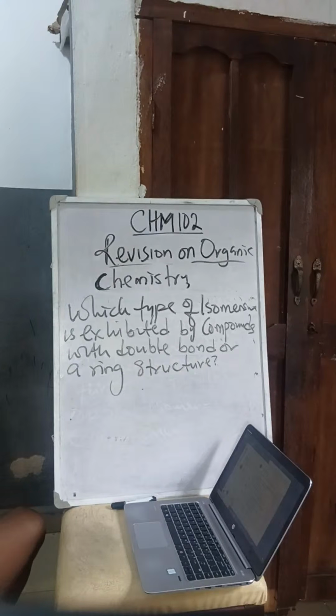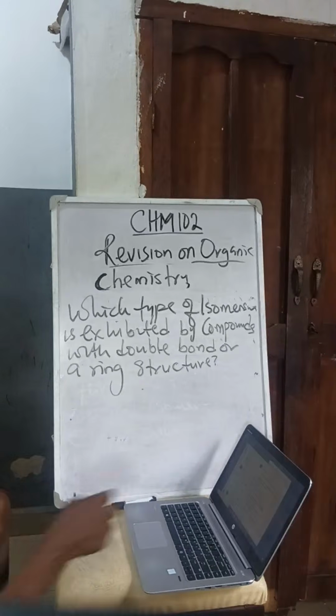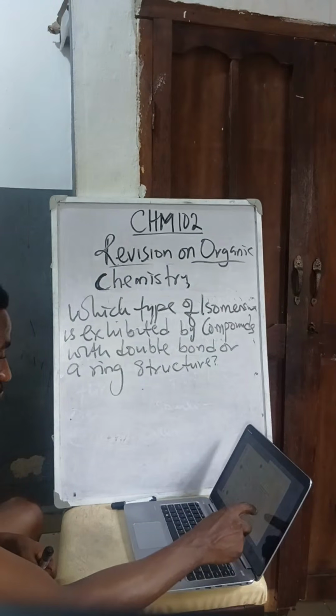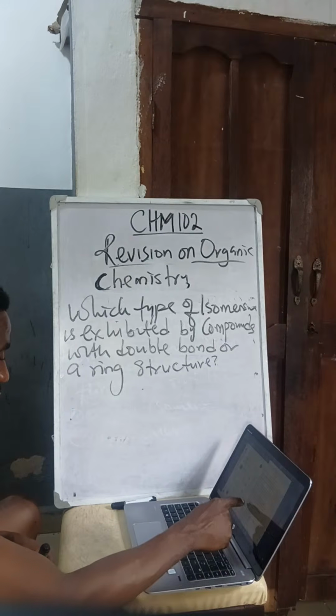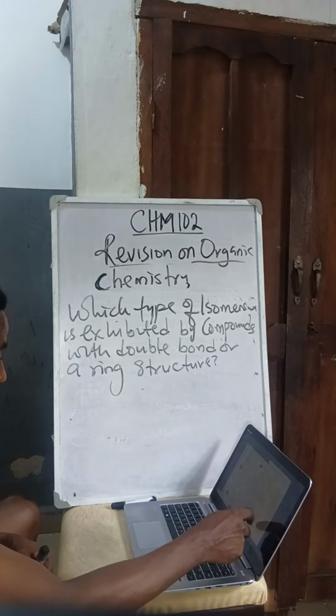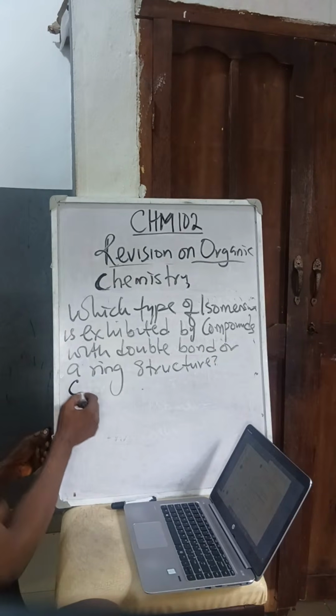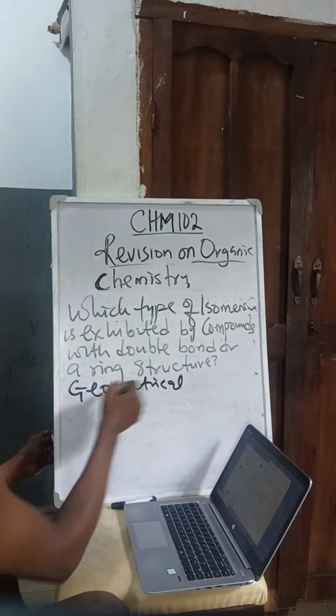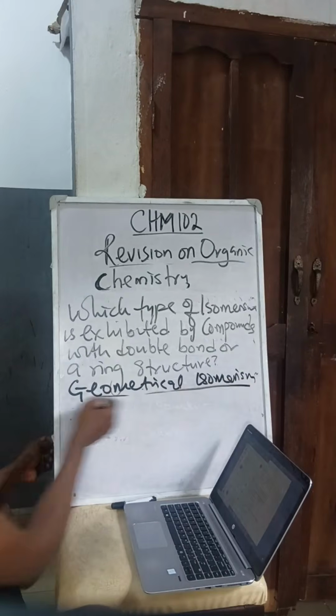Which type of isomerism? The answer is geometric isomerism. So that is the answer to the question.